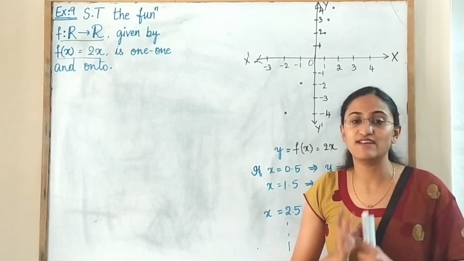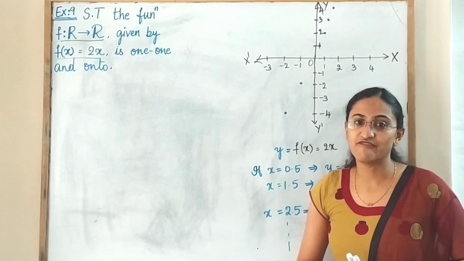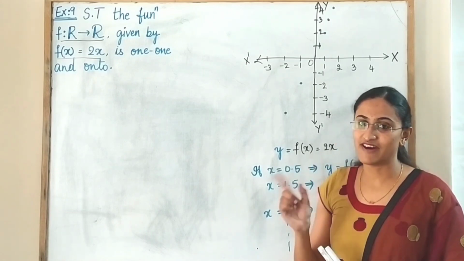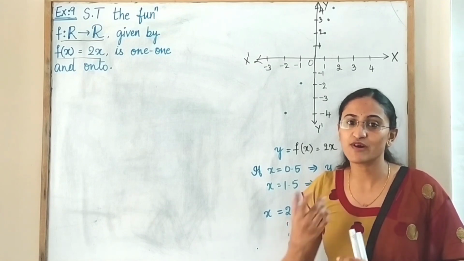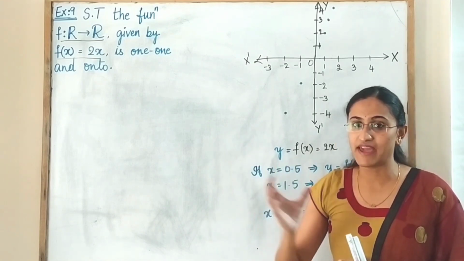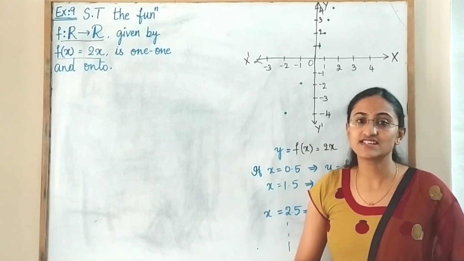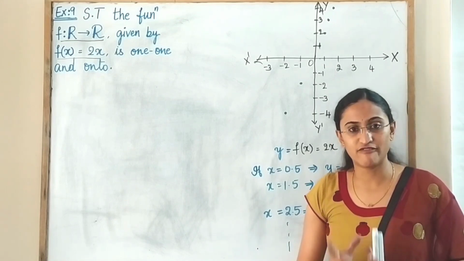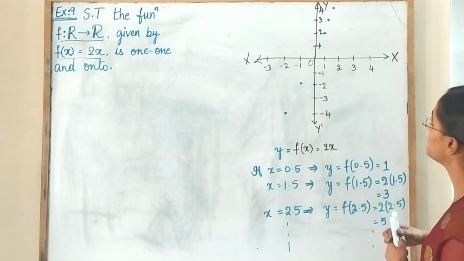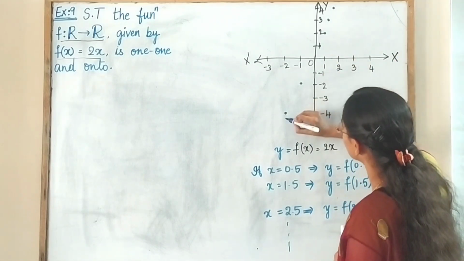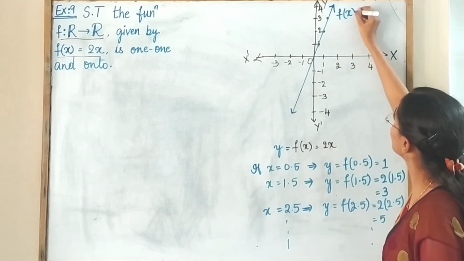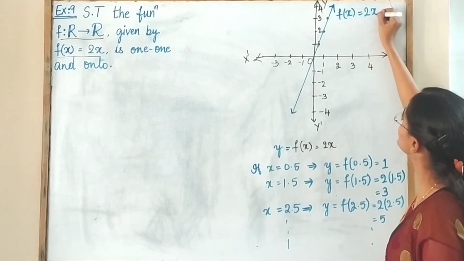For every element of x, you will be having some element in y, and hence you can conclude that the function is onto. Now, what about 1-1? Since every element has a unique image, you can again conclude that the function is a 1-1 function also, right? And hence the graph will be of the form.